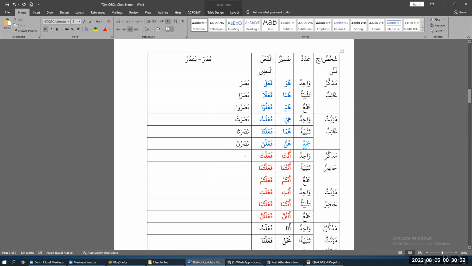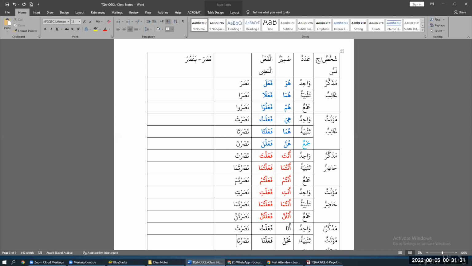Now anta, what will I do? Nasarta. Antuma nasartuma. Antum nasartum. Anti nasarti. Antunna nasartunna. Ana nasartu. Nahnu.